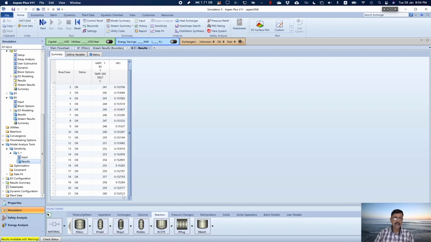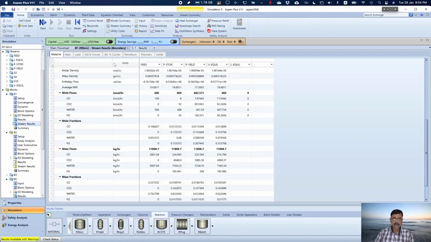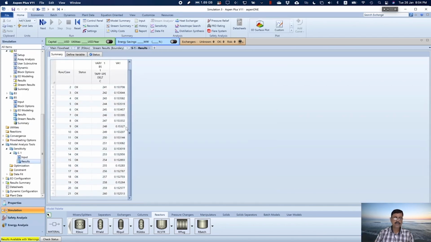So actually we want the value which is very close to 0.153333. So which is the nearest value for 0.153333? It is 247. Okay. So let us redo this once again between 246.5 to 247.5.